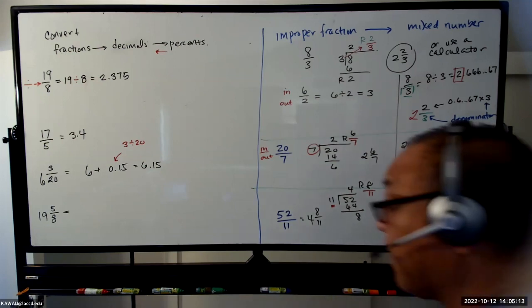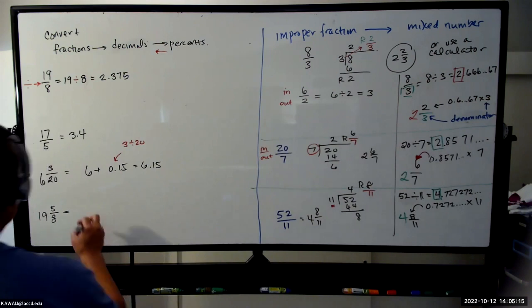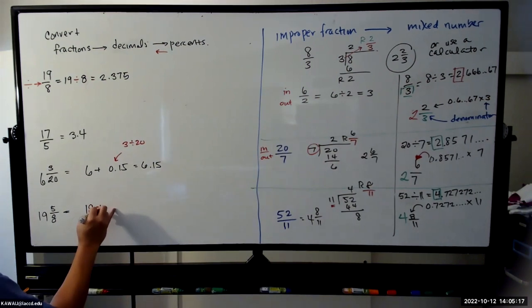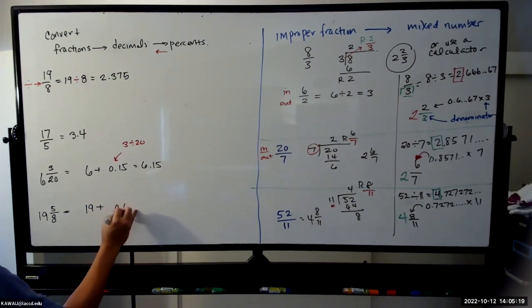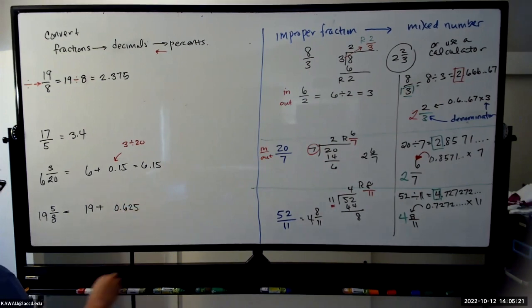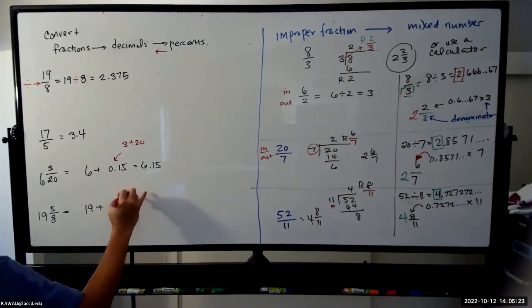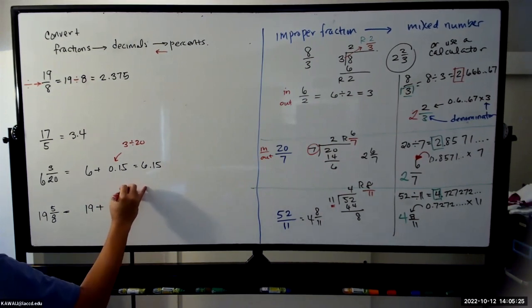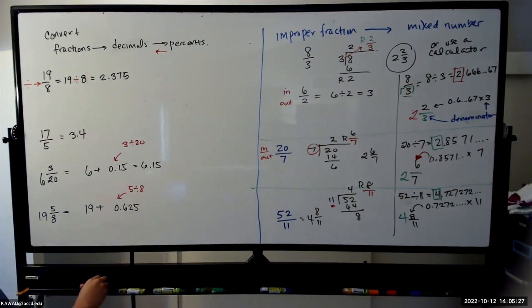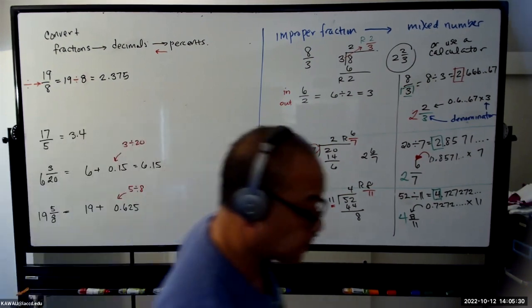So I have 19 plus 0.625, and this part right here is 5 divided by 8.